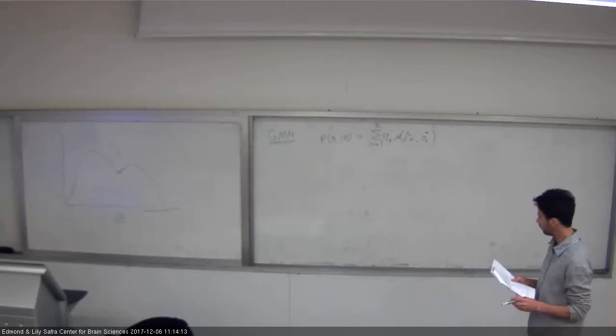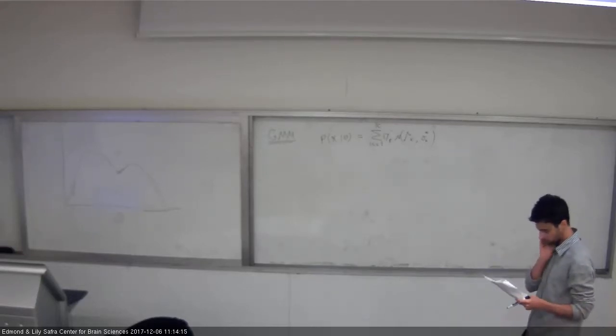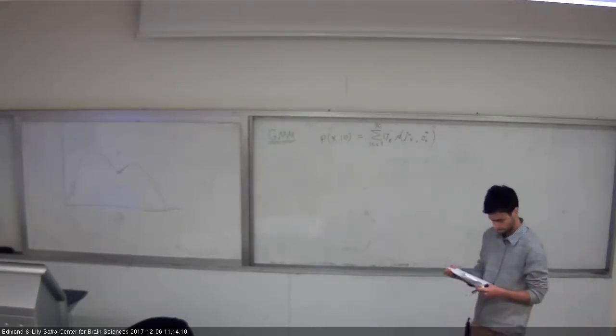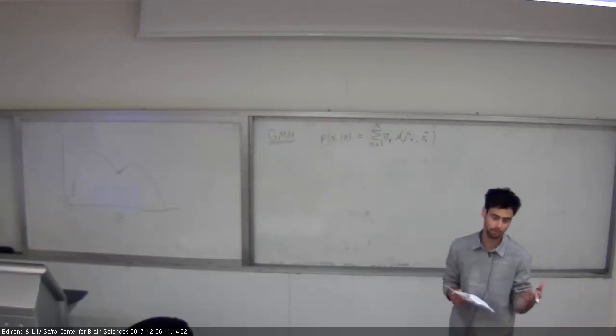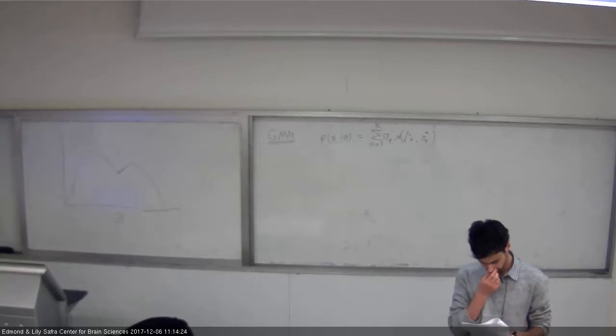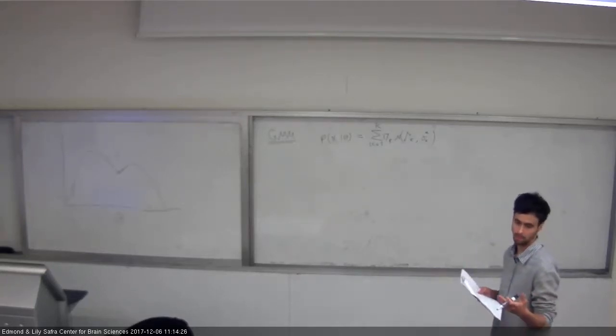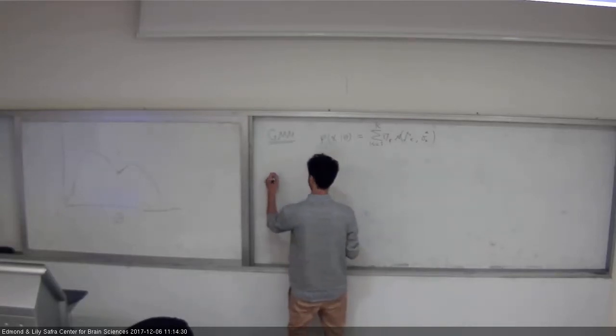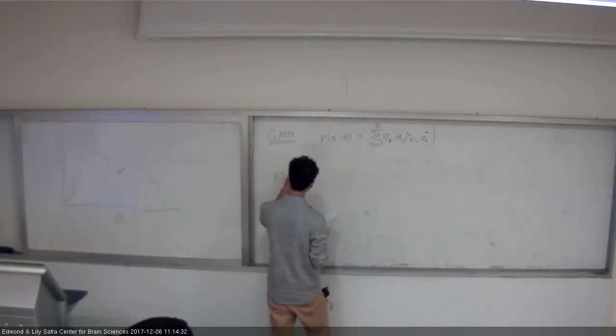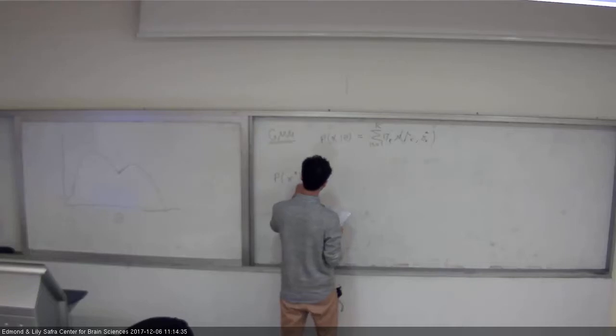Now, if we have n hidden variables and n examples and observations, then p of x_n given theta.